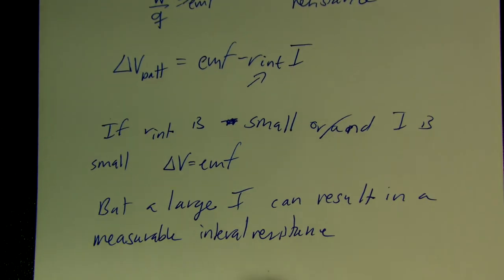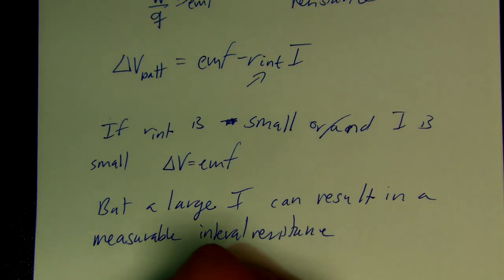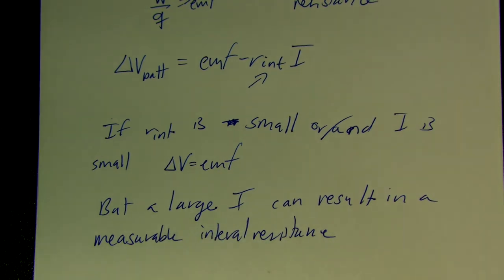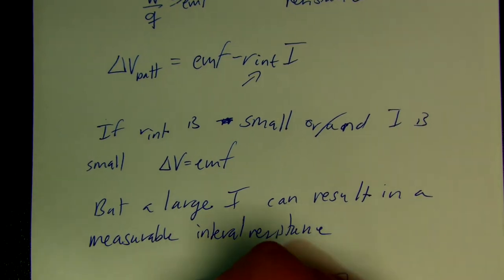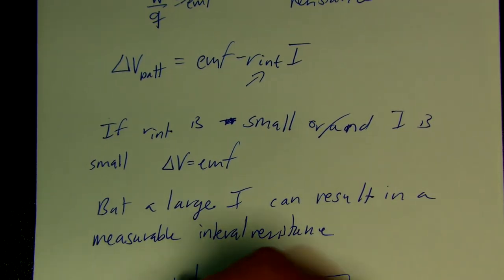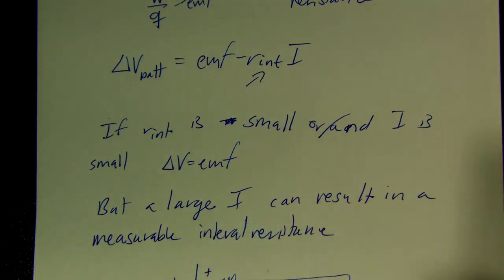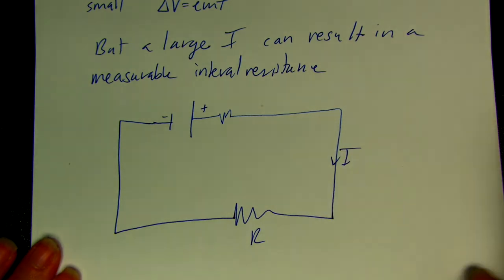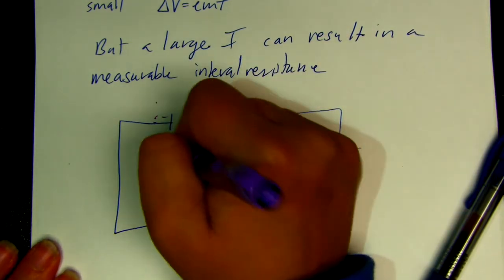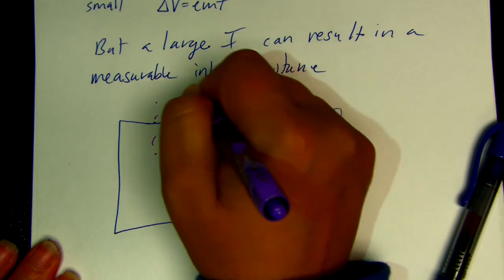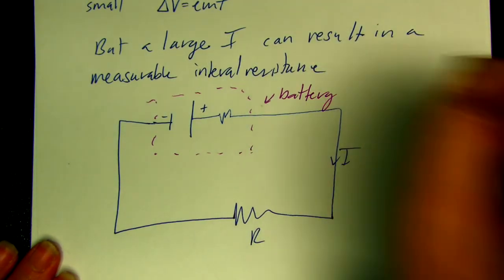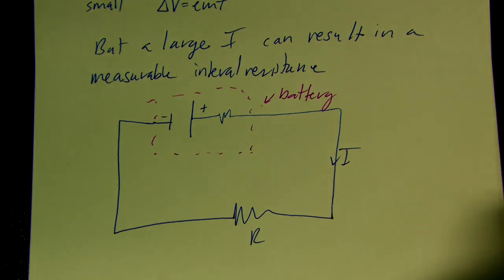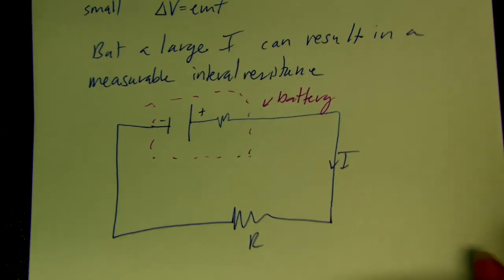In terms of how you would model the battery in a circuit, here you've got your resistor in the circuit and the current's going around, and you'd model it as though you had a little resistor right after the battery. So it's pretty easy to handle in these types of equations.